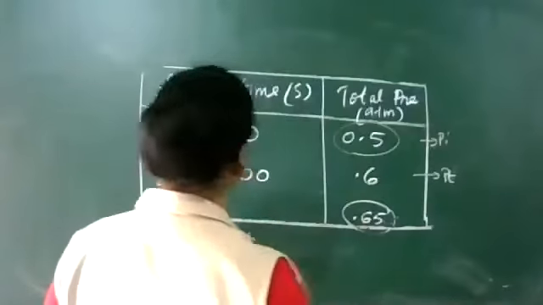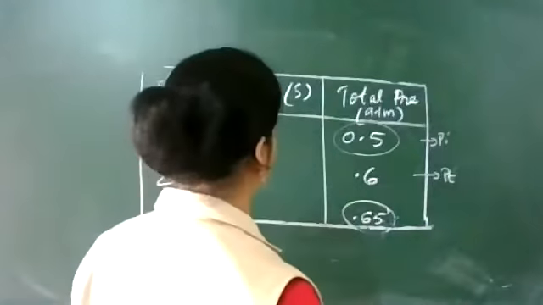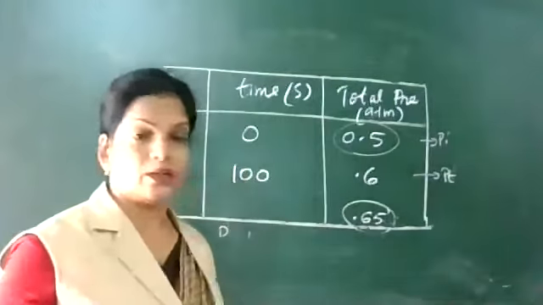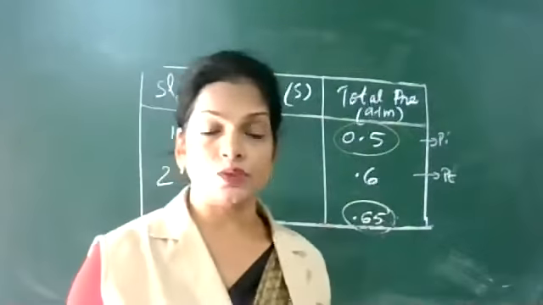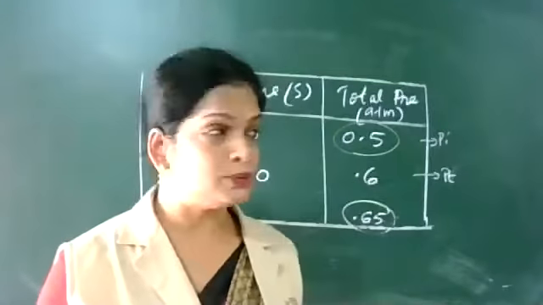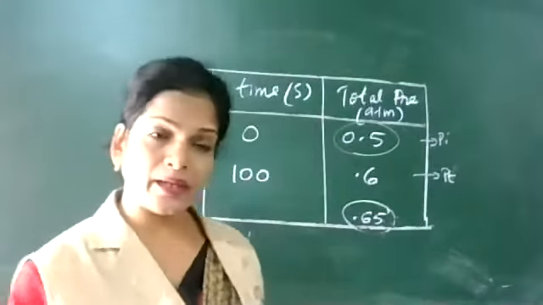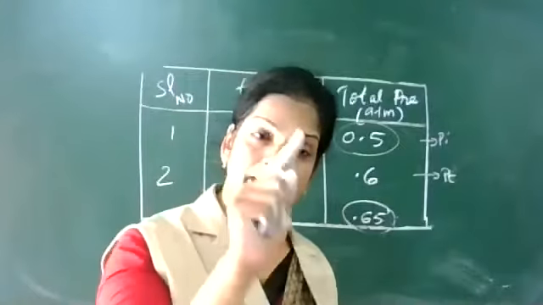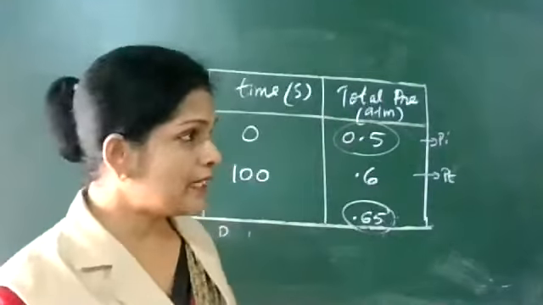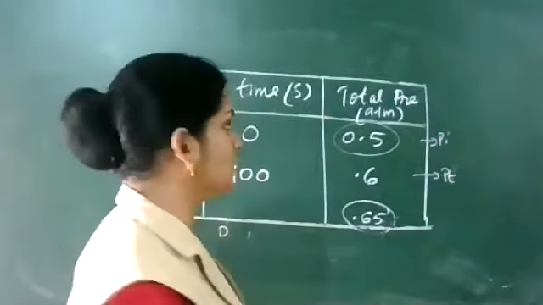What is this equation given? That is SO2Cl2. One SO2Cl2 when it decomposes, one SO2 and Cl2 will be coming, just like A gave B plus C. So in that way, we are calculating here also.